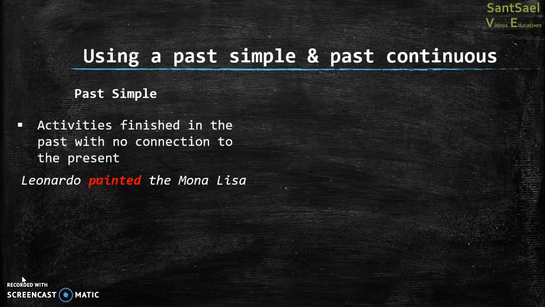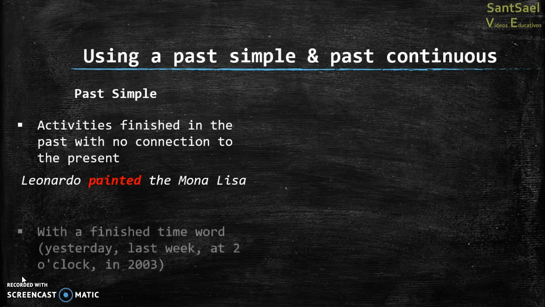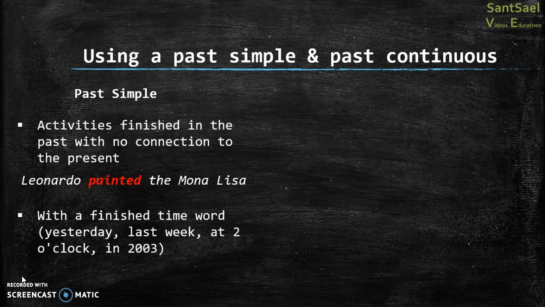For example, Leonardo painted the Mona Lisa is an action that happened in the past and has no connection to the present. This tense usually goes with finished time words like yesterday or expressions like last week, at 2 o'clock, etc. For example, I went to the cinema yesterday. Remember that it is used with finished actions.